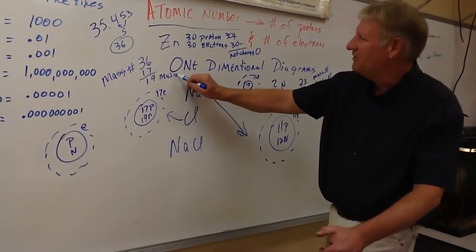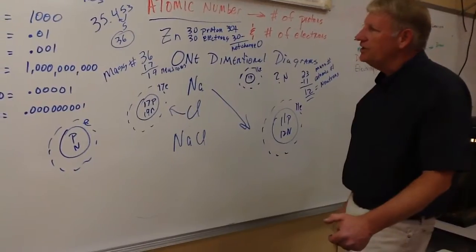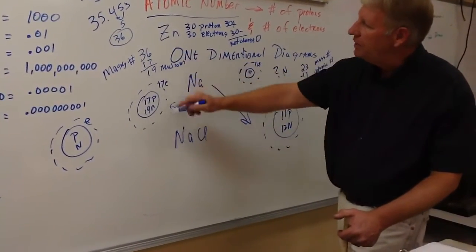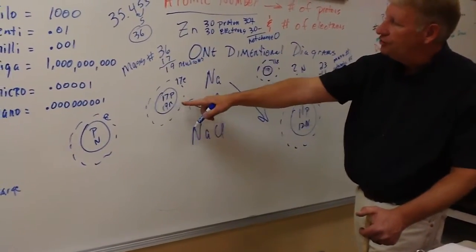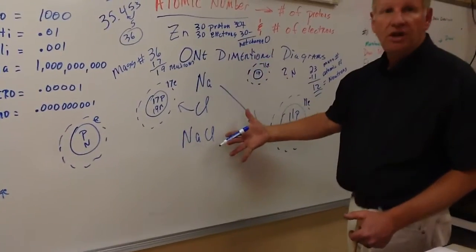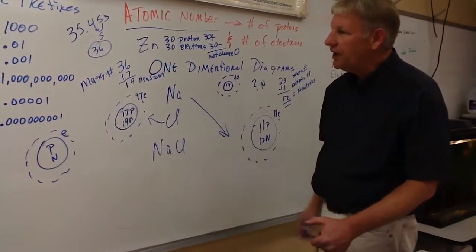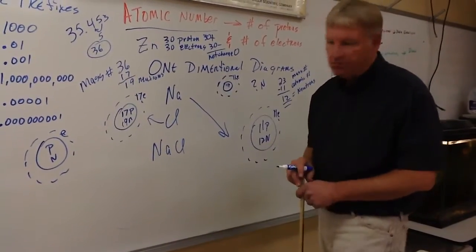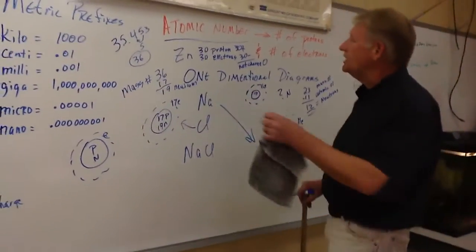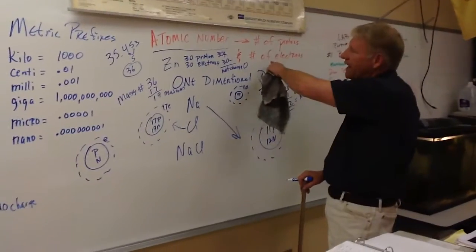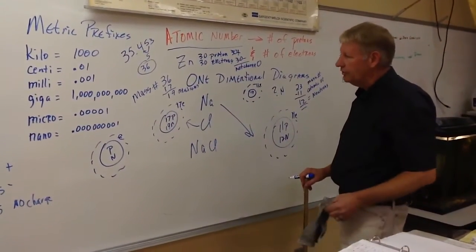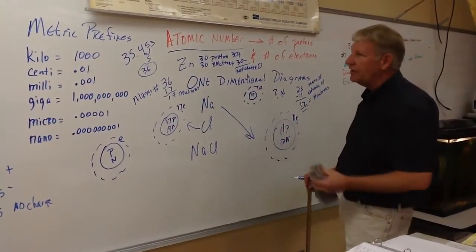There we go. Once again, the mass number minus the atomic number tells us the number of neutrons. So once again, one-dimensional model, as if we lived on a sheet of paper. Now, while we're at this board, once again, the atomic number gives the protons and the number of electrons. So we have some one-dimensional diagrams.